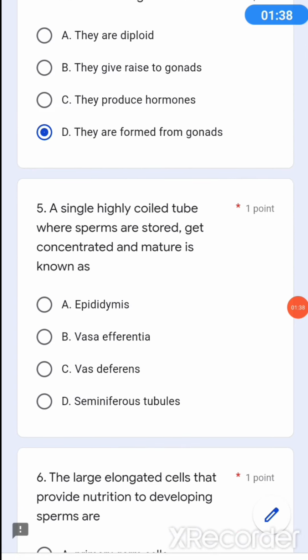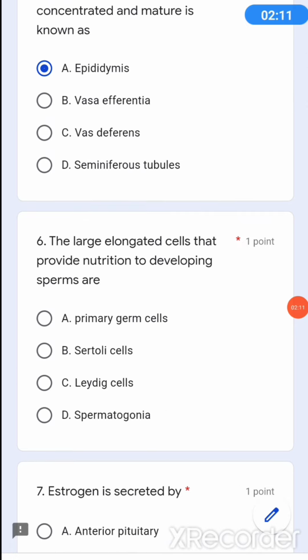5. A single highly coiled tube where sperms are stored, get concentrated and mature is known as epididymis. 6.